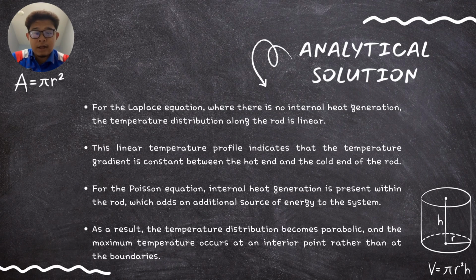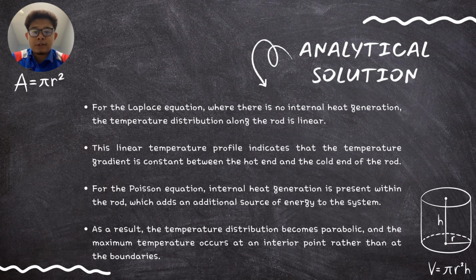Okay, next slide about analytical solution. First, for the Laplace equation, where there is no internal heat generation, the temperature distribution along the rod is linear. This linear temperature profile indicates that the temperature gradient is constant between the hot end and the cool end of the rod.